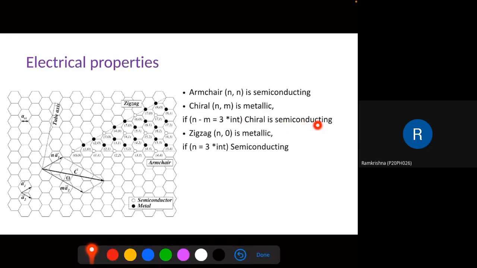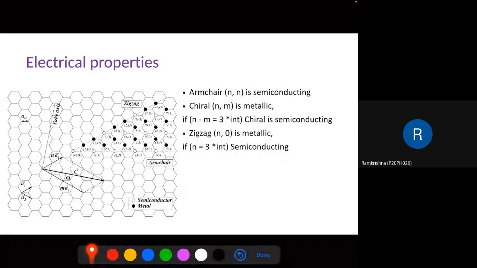So depending on how you fold it, your carbon nanotube can be a semiconductor or a metal. And if you take, for example, zigzag, a zigzag is also metallic, similar to chiral, but again if your n is 3 times some integer, it becomes semiconducting.